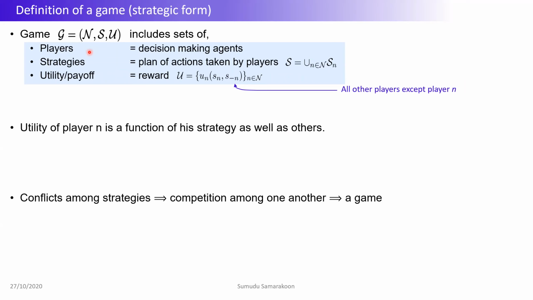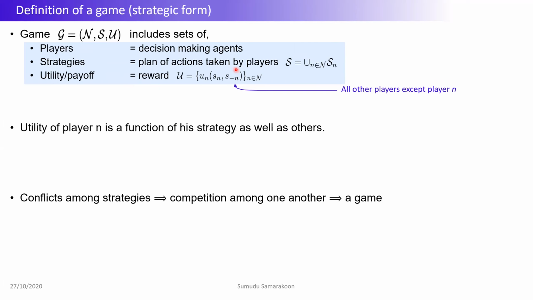These plans are known as strategies. Each individual player has a certain set of plans, and altogether they form the entire action space that is defined for this game. Finally, when these players take certain actions, they are rewarded. This is known as the utility or the payoff.